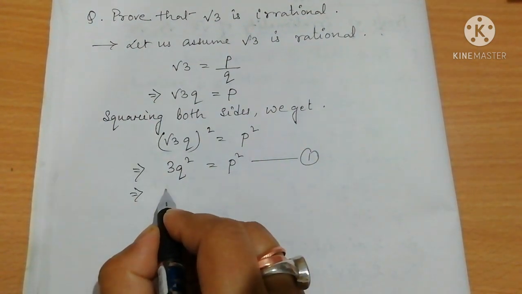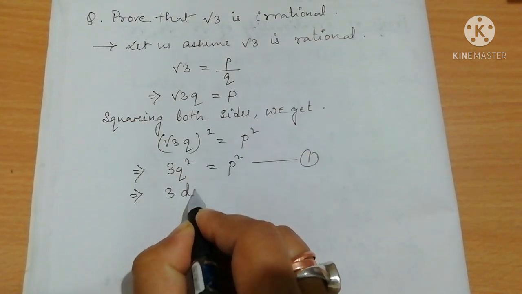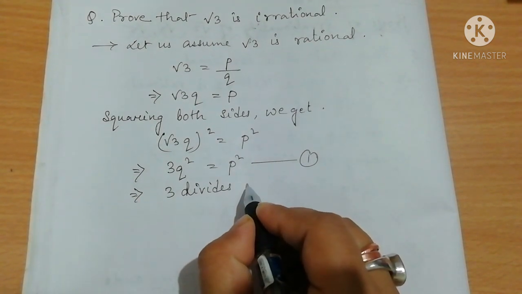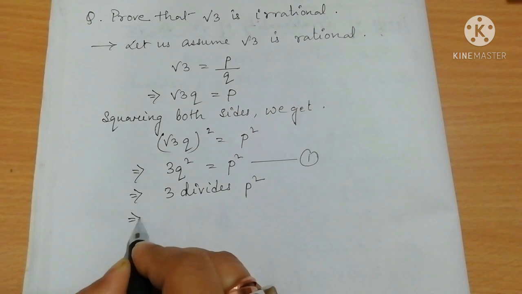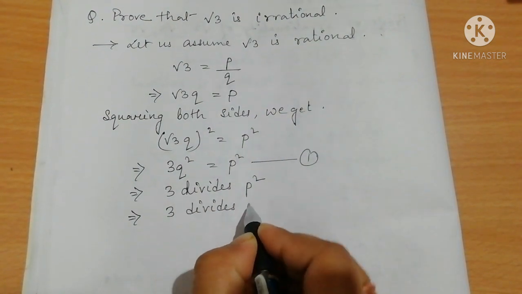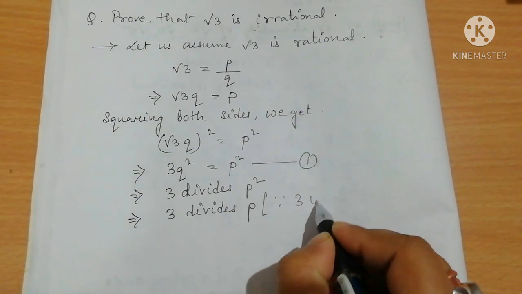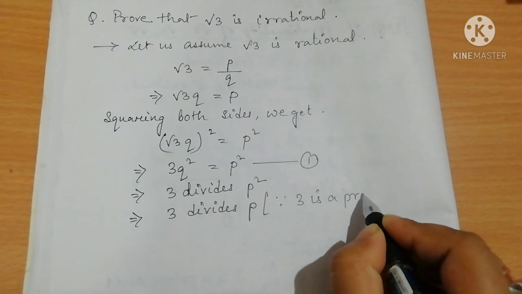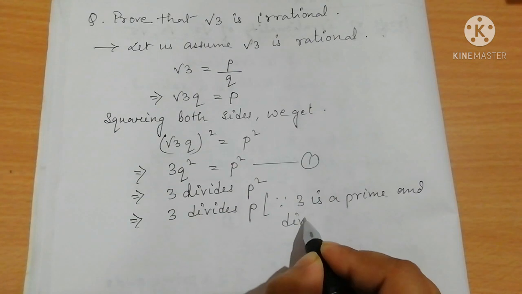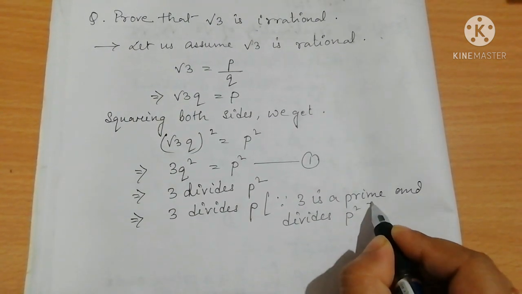Which means that 3 divides P square. So 3 divides P. That means 3 is a prime number and divides P square.